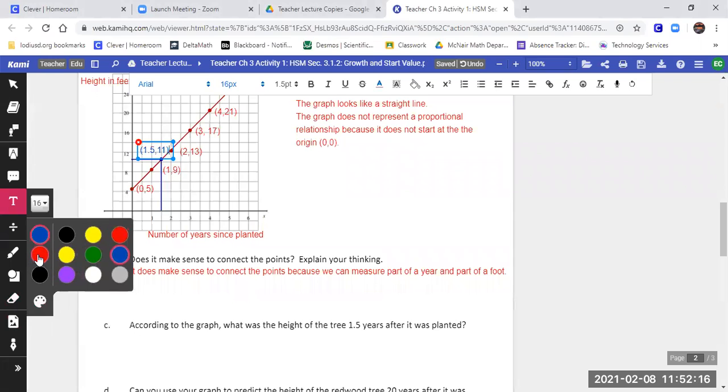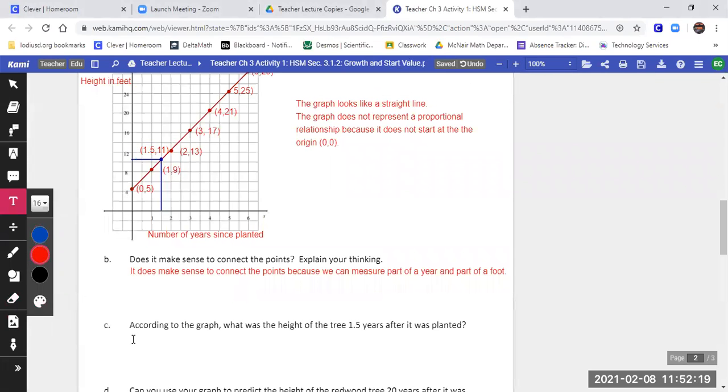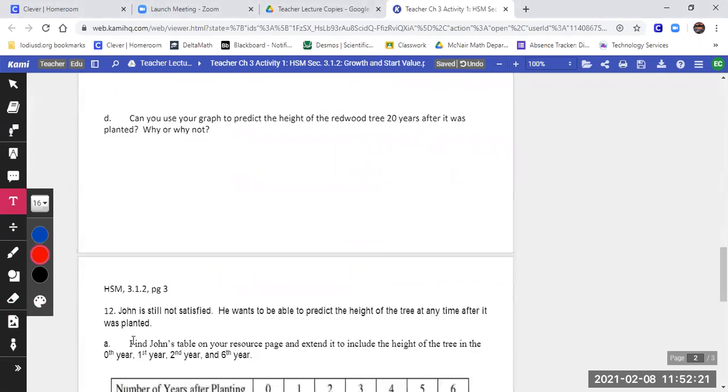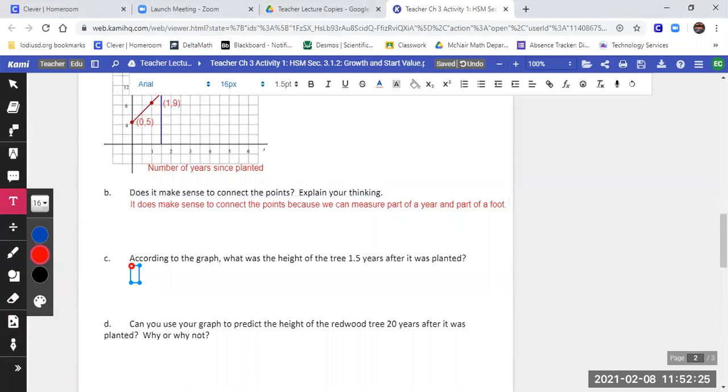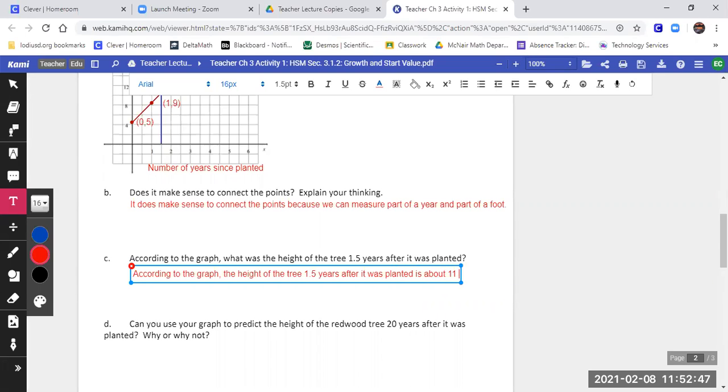Okay, so according to the graph, the height of the tree 1.5 years after it was planted is about 11 feet.